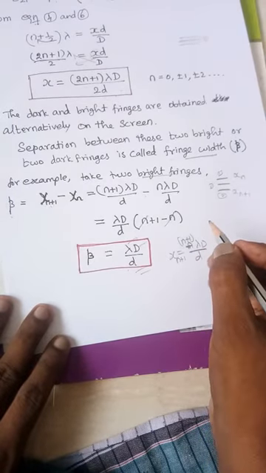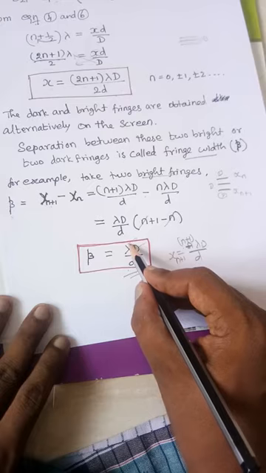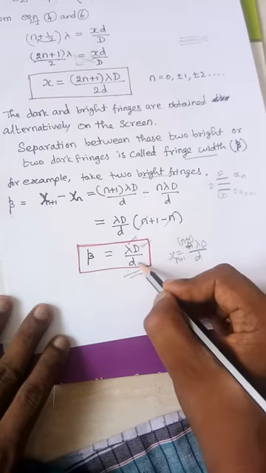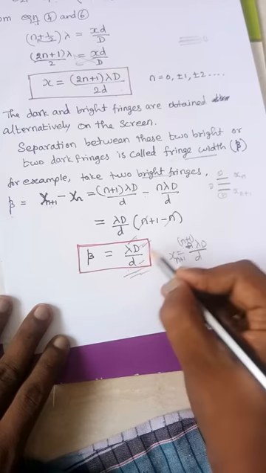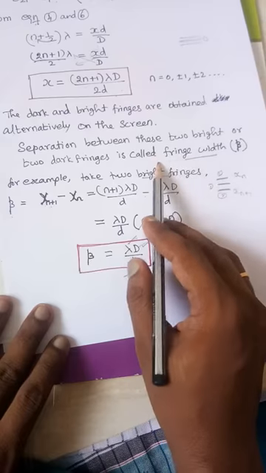By using a traveling microscope only can we see the fringes. So using this formula, with lambda, wavelength, D and small d, the distance between the two holes, you can easily measure the fringe width.